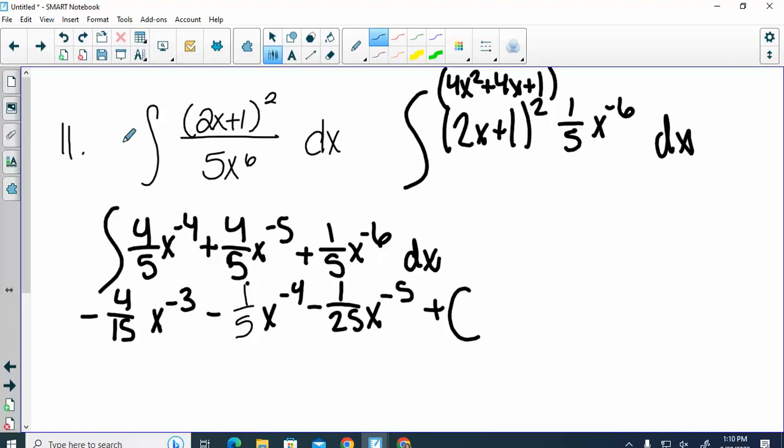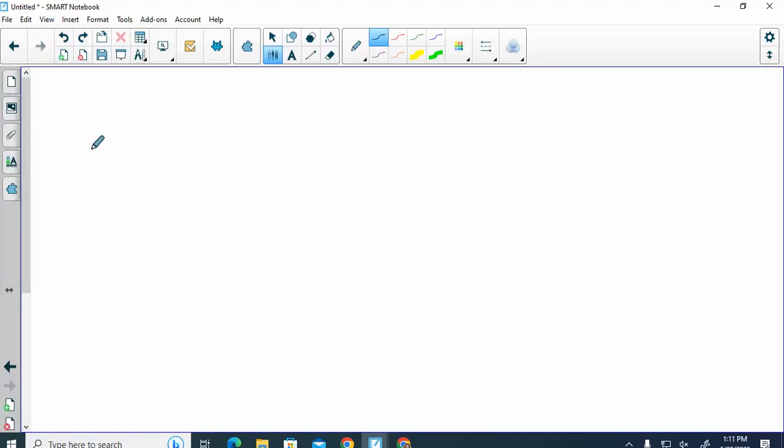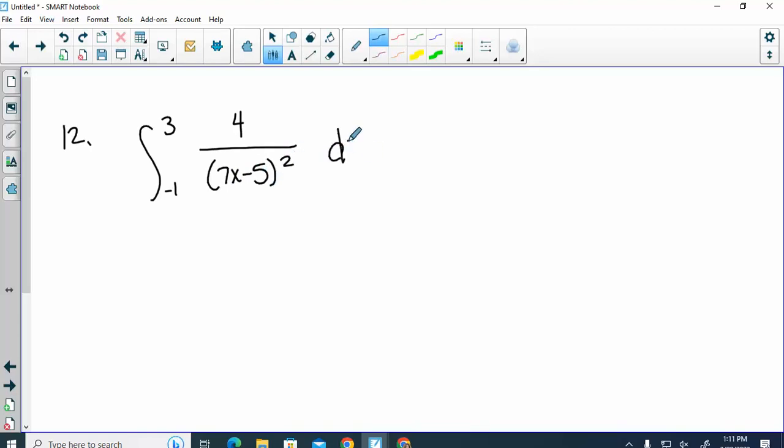All right. Number 12. I'm going to change the limit on this one to make it work out a little bit nicer. But actually, we might just set it up and not actually calculate everything because we are about to run out of time. I'm going to change that to a square on the bottom, instead of an 8th power. 8 is kind of ugly.